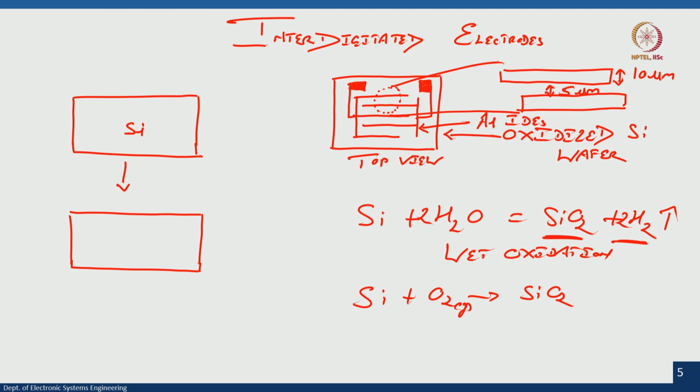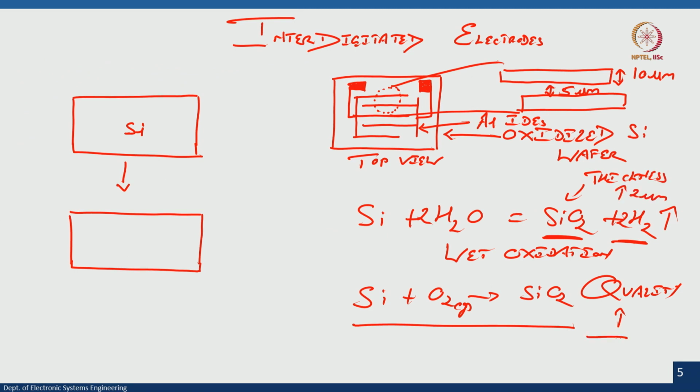Okay. So, this is how the silicon dioxide is formed, but in the dry process the quality is really good. Here the thickness is comparatively less. In wet oxidation the thickness can be close to 1 to 2 microns. Okay.